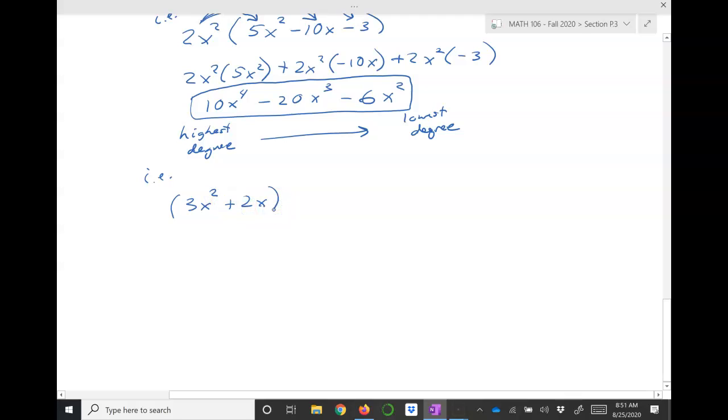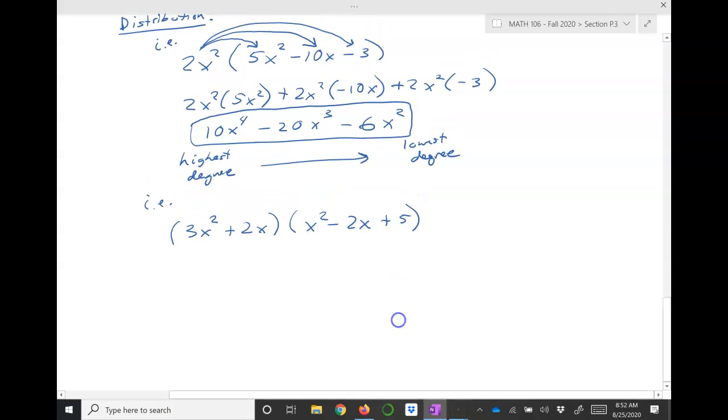So taking a binomial and then multiplying it by a quadratic, which is a trinomial, right? 3 terms. So instead of just distributing one term throughout that quadratic, now we just have to distribute 2 terms.